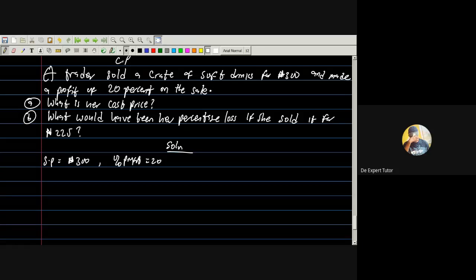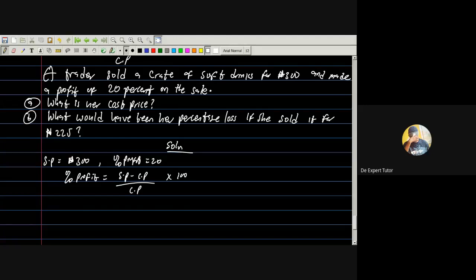Let me use the formula to make everything simple. Remember, the formula for percentage profit: percentage profit is equal to profit, which is selling price minus cost price, over cost price, then times 100.